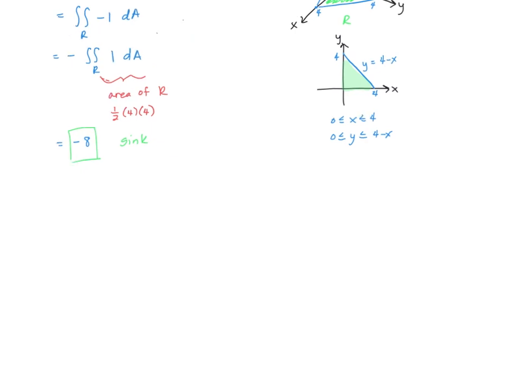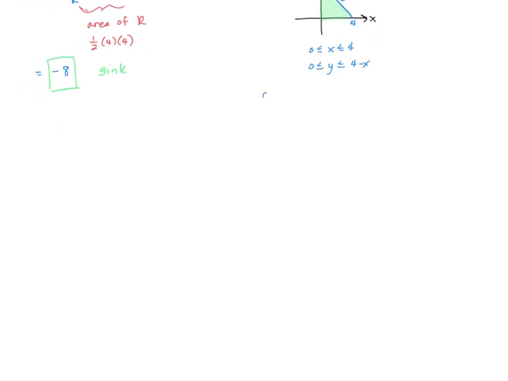Again, I didn't have to use geometry. I could have computed flux equal to the integral from 0 to 4 for my x's, 0 to 4 minus x, and now remember my integrand was -1. This would be a dy dx. If you did compute that, you would still get -8.